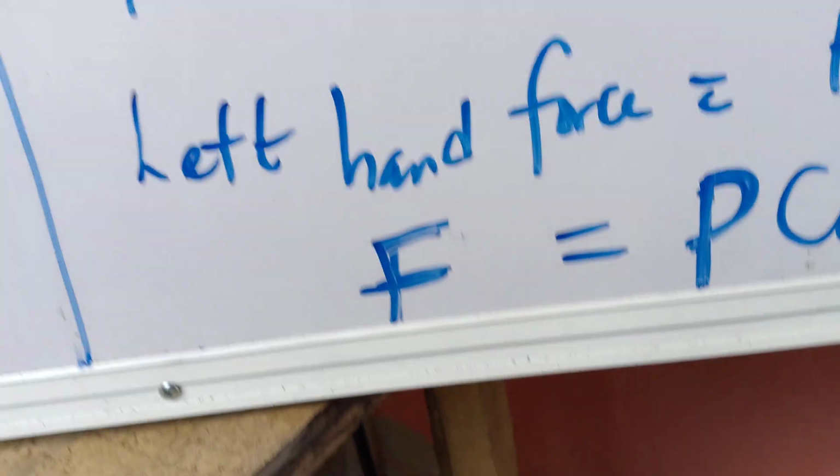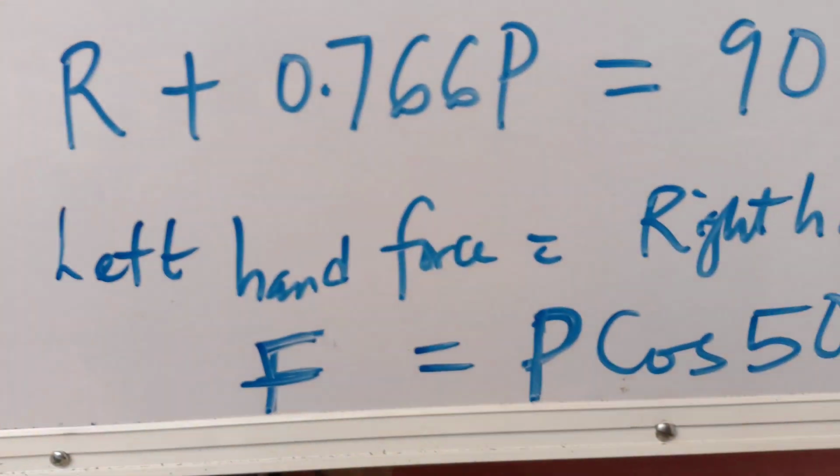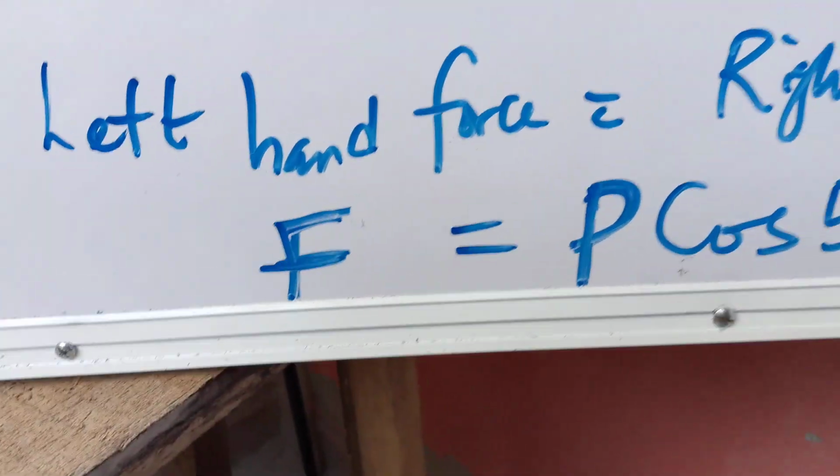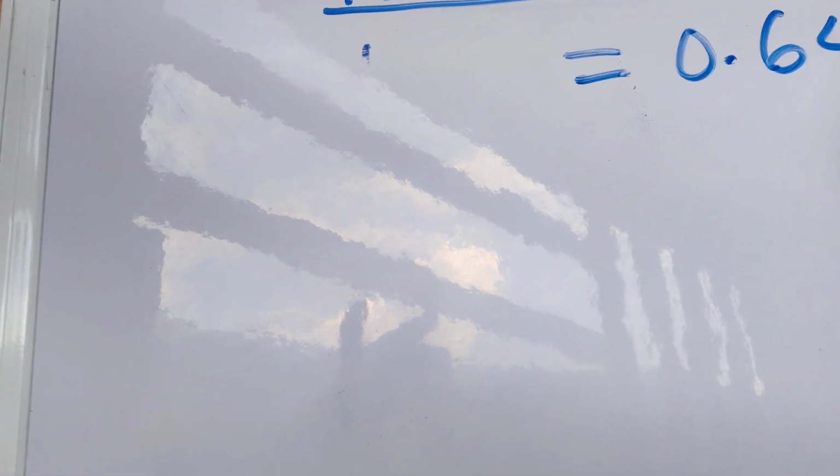So F is equal to P cos 50 degrees. And checking on your calculator, cos 50 is 0.643. So multiplied by P, this is P open bracket 0.643.